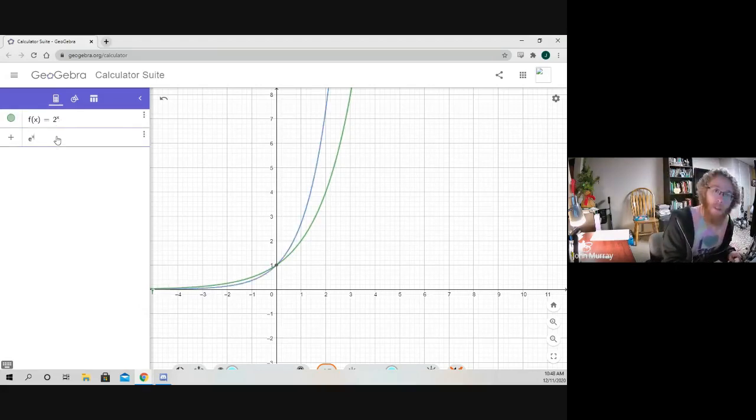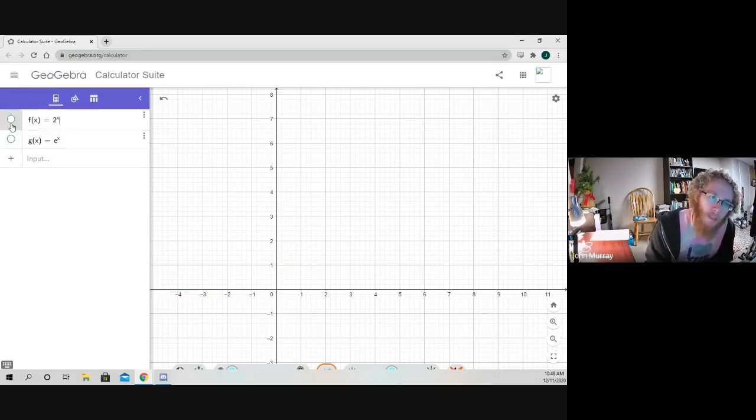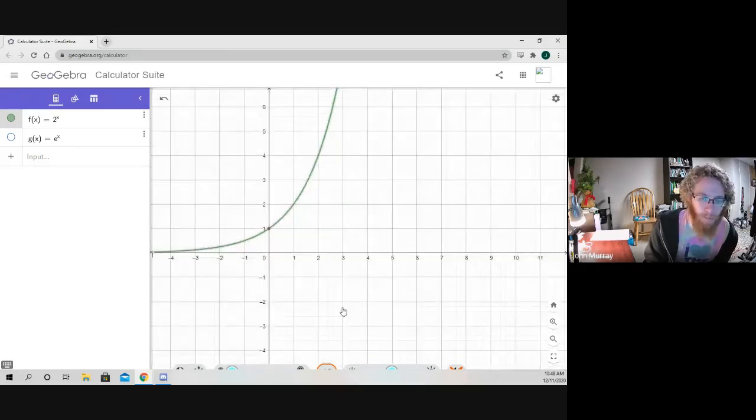It's going to be kind of similar. So there's e to the x. But since e is not a whole number, the values we get here aren't going to be whole numbers, right? If you plug in 1, you're not going to get 2. So for now, we're going to take a look at this nice one here because we got some nice numbers that we can work with.